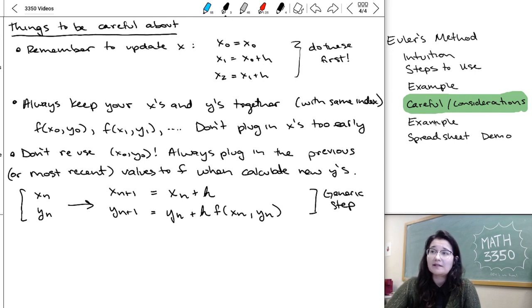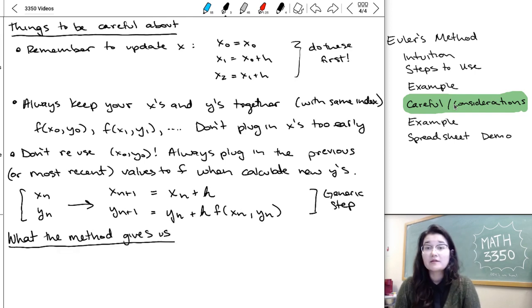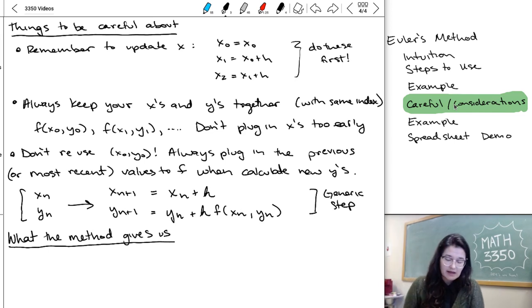And then I also wanted to discuss some considerations of what the method gives us and how we evaluate that. So what the method gives us: we end up with these yn and xn. And it can be hard to remember why we wanted those to start.